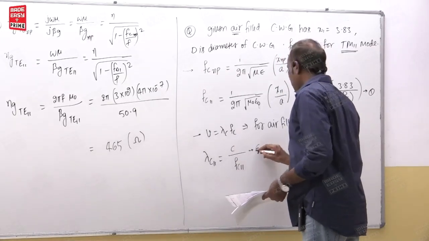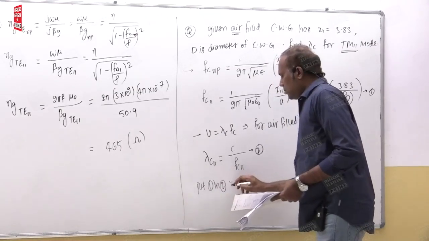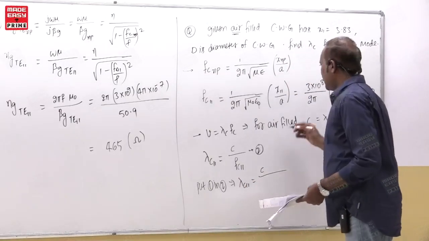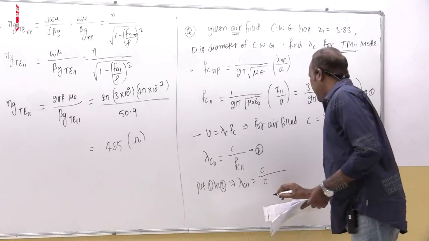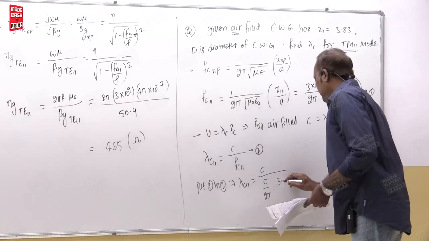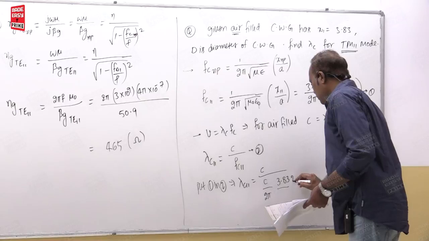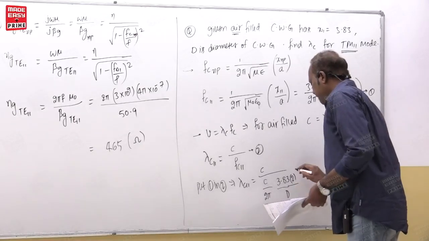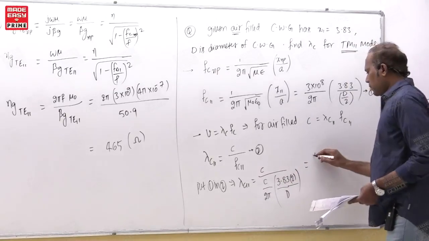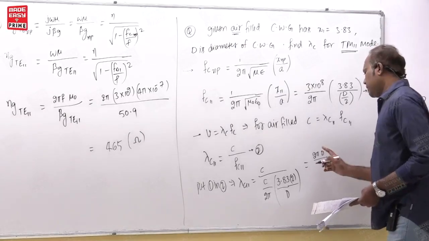So this is equation number 2, and put equation 1 in 2. That means lambda c11 is equal to c divided by, c was already there, c divided by 2 pi, and 3.83 divided by 2 D. So c and c cancel, 2 pi capital D divided by 2 also cancels, no?